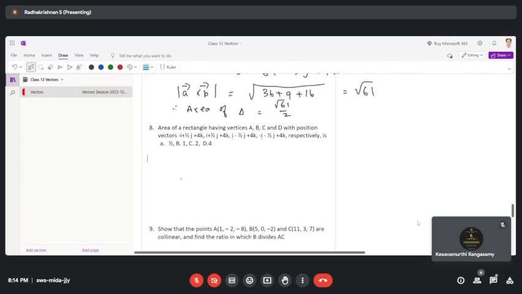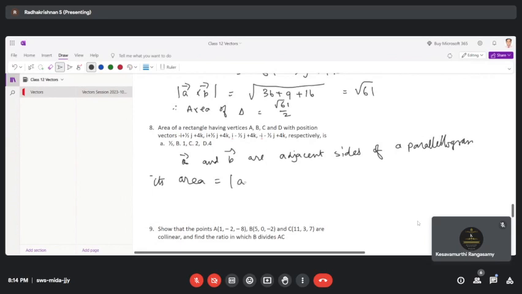If A and B are adjacent sides, A vector cross B vector, of a parallelogram, its area is simply the magnitude of A cross B.